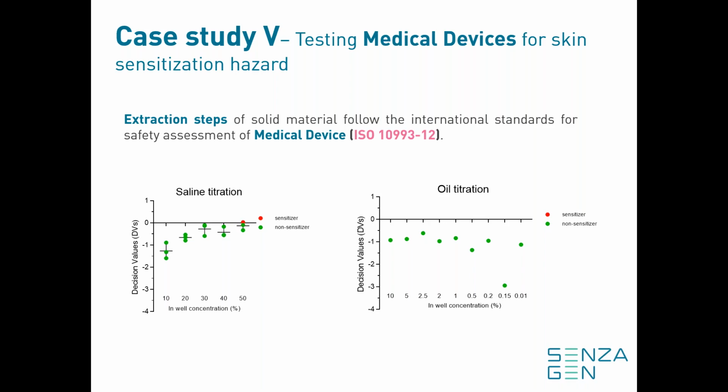Regarding the non-polar extraction vehicle, we tested up to 10% in-well concentration, and it is possible to use this solvent at a concentration of at least 10% without risking false positive classifications.